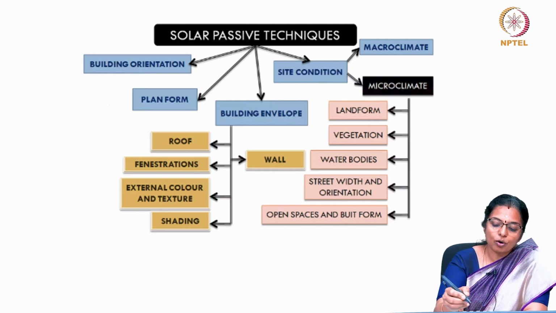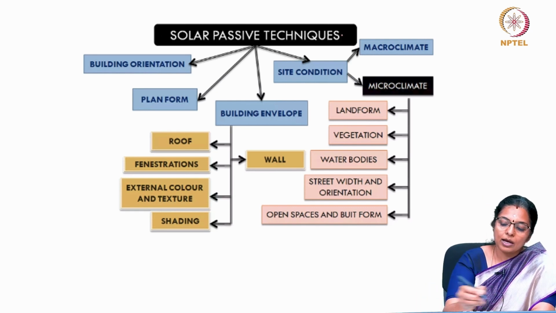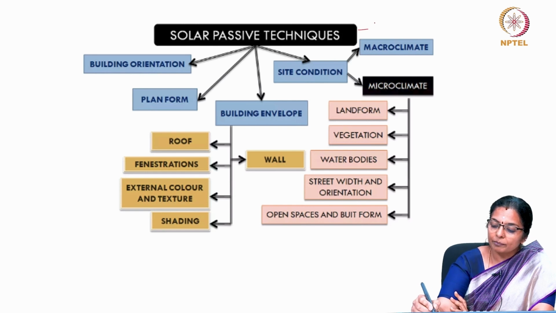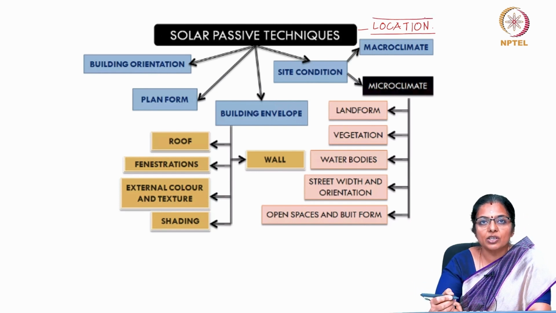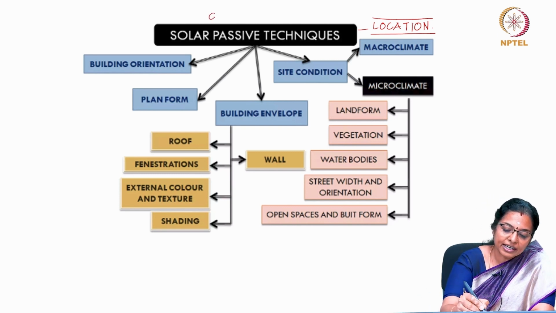When we talk of solar passive techniques, we must remember that location and therefore climate is a major consideration, and as a response to the climate, these techniques must be followed. So, solar passive techniques are directly related to the climate of a particular place.